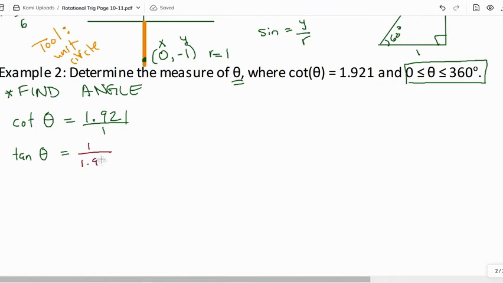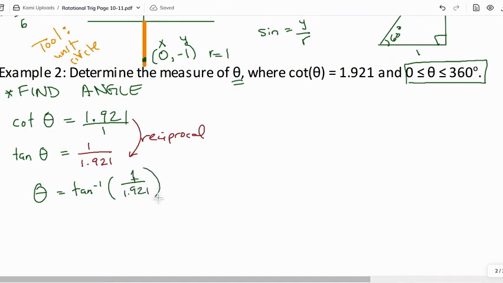I write the reciprocal. Now, can I do this on my calculator? Which button will I be using on my calculator? The inverse of tan.